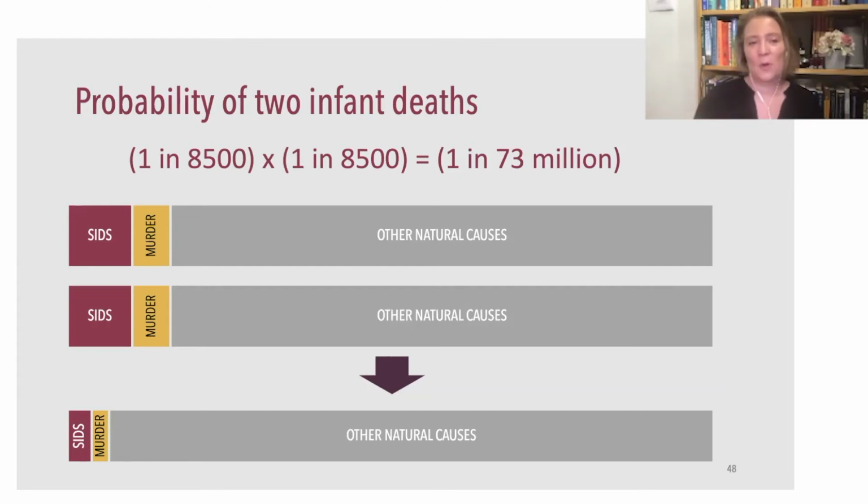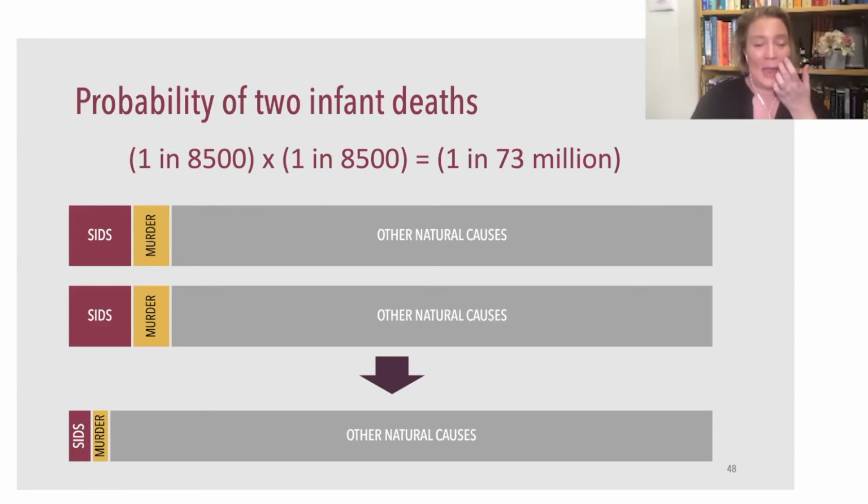If you multiply 1 in 8,500 by 1 in 8,500, you get about 1 in 73 million. This is what the prosecutor said: there was a 1 in 73 million chance that these deaths were sudden infant death syndrome, and therefore they should convict Sally Clark. And in fact, they did convict Sally Clark based on this math.